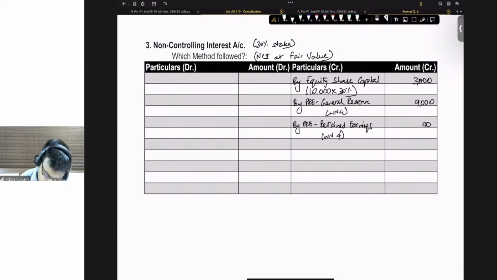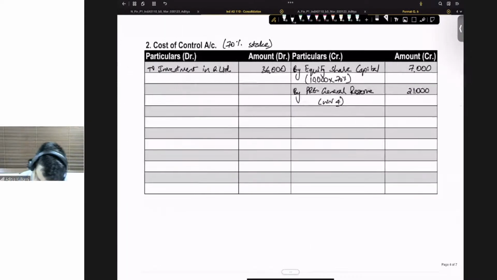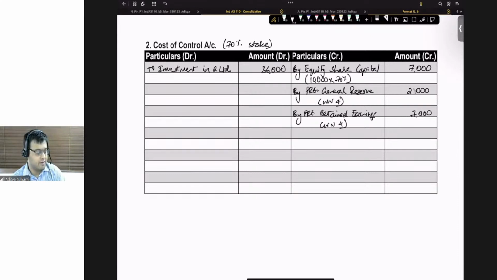So this will be 3,000, by pre-retained earnings, 7,000. Okay, are we done?